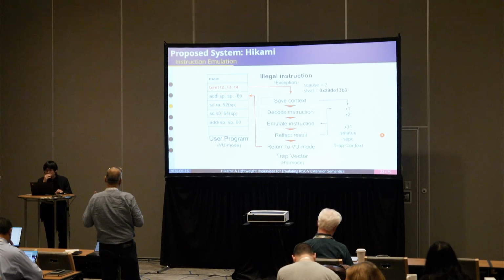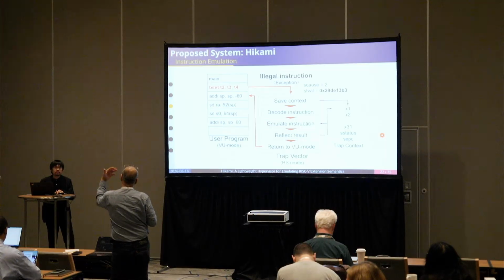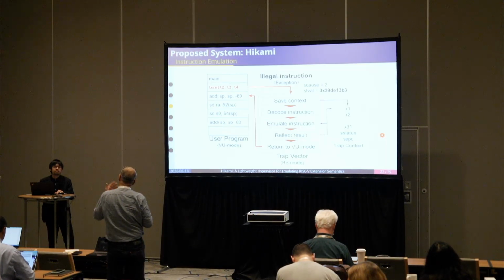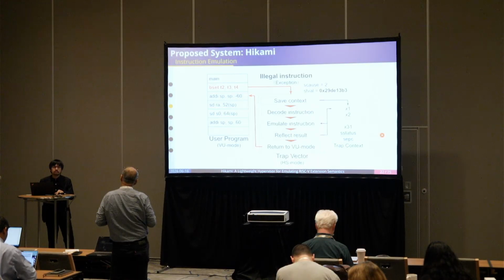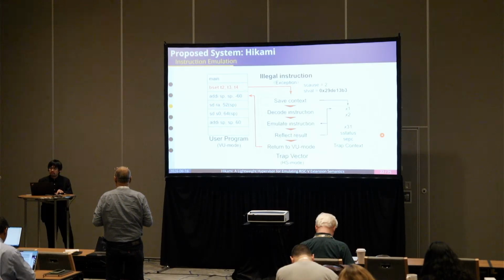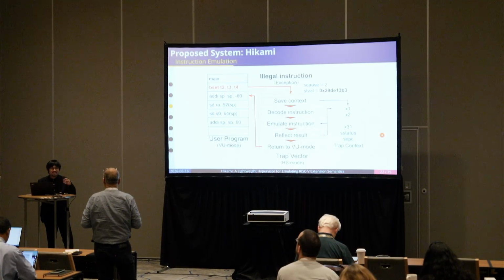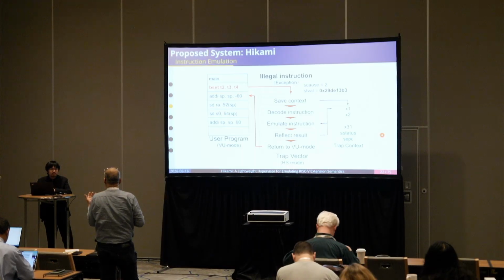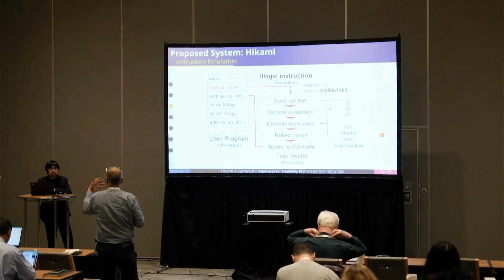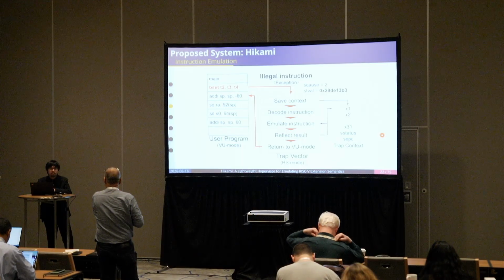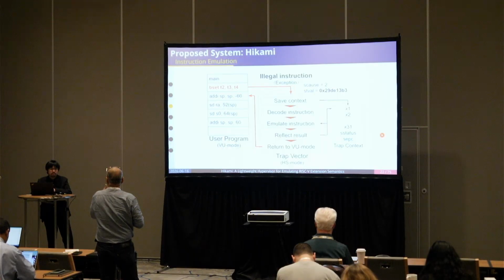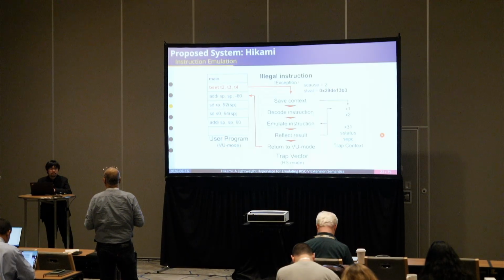Are there any security implications of running things in HS mode versus native mode? Could you comment on that? I can answer this aspect. So there could be some security implications, right? If you're emulating something in the hypervisor, versus how it would have run if it was really supported on the machine.